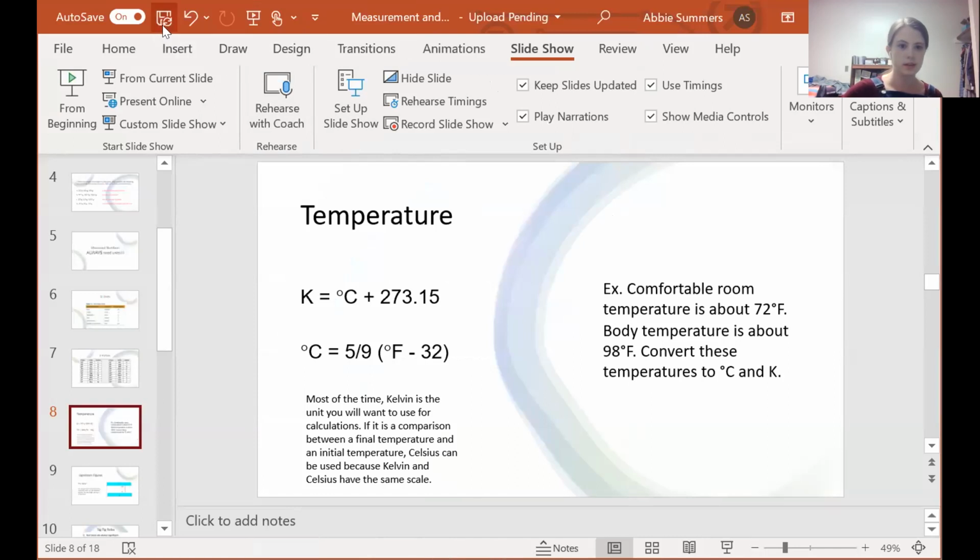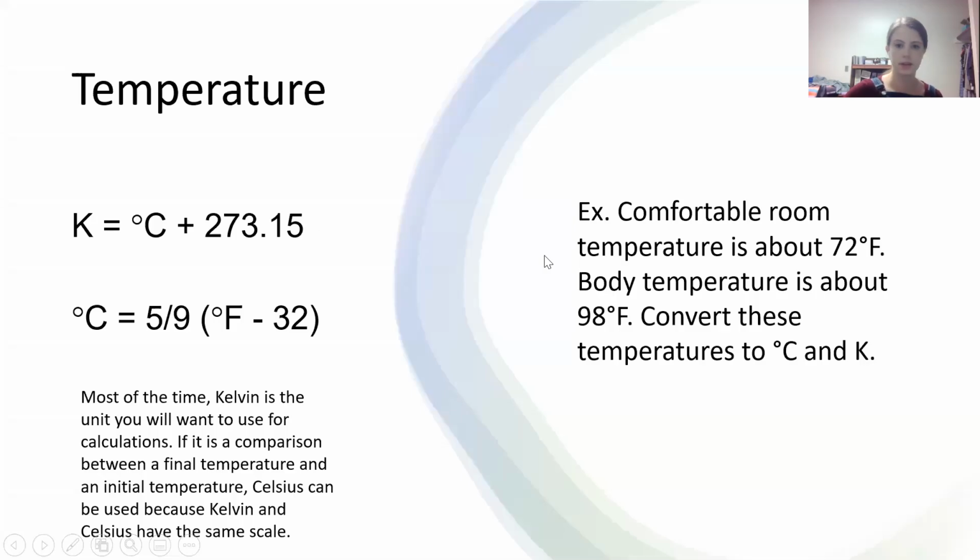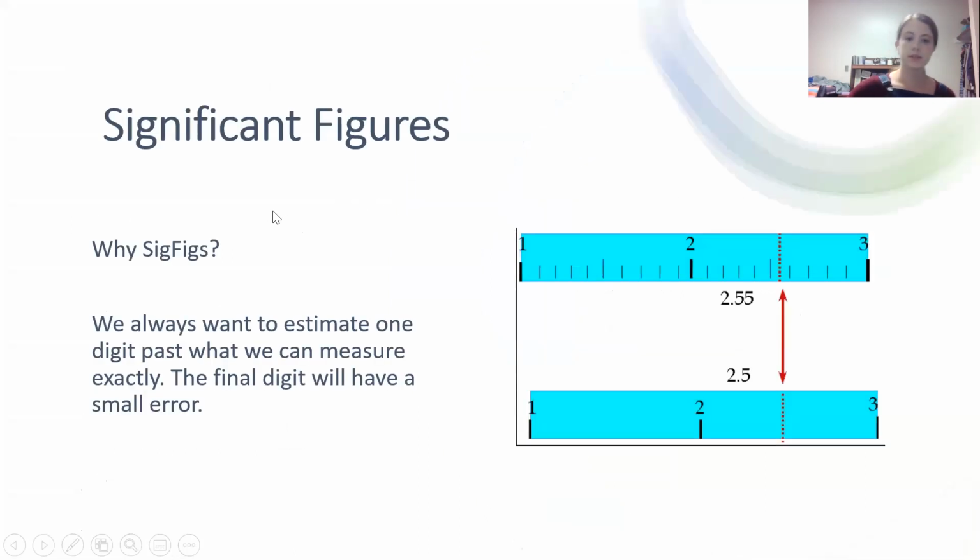All right, so let's keep going here. So SigFigs are important to help us have the most accurate measurements that we have. When we measure something, we always estimate one digit past what we can measure exactly.